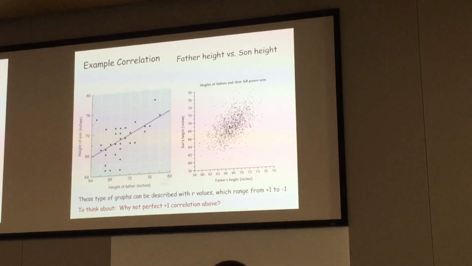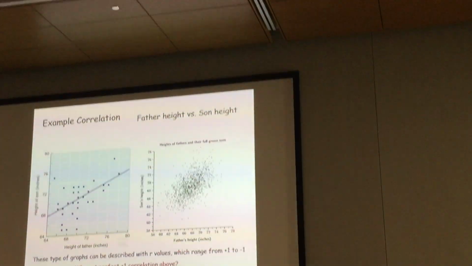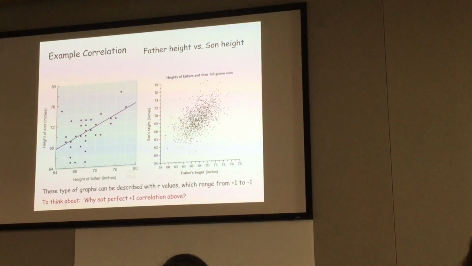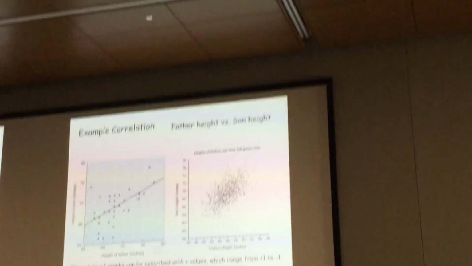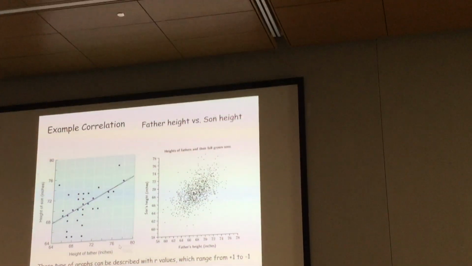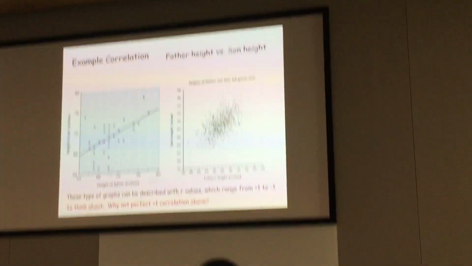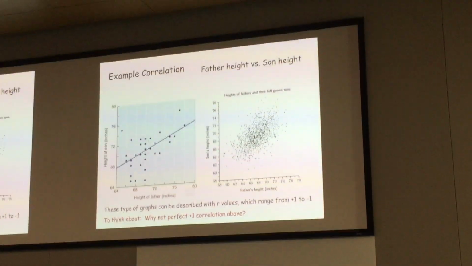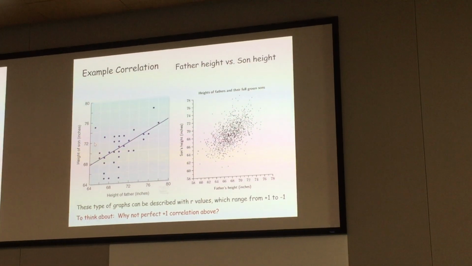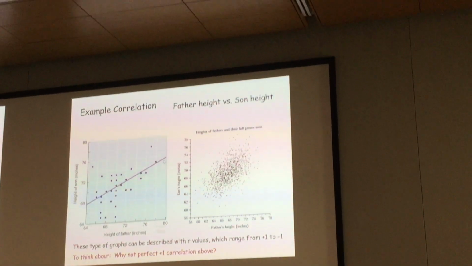So the question is, is it correlated? And you can see that this line or this angle suggests that to some extent, yes. The fathers that tend to be slightly taller have offspring that are slightly taller. The fathers that are slightly smaller tend to have offspring that are slightly smaller. And you get a sense of it here, especially with the line, and you get a sense of it here with all these additional data points.